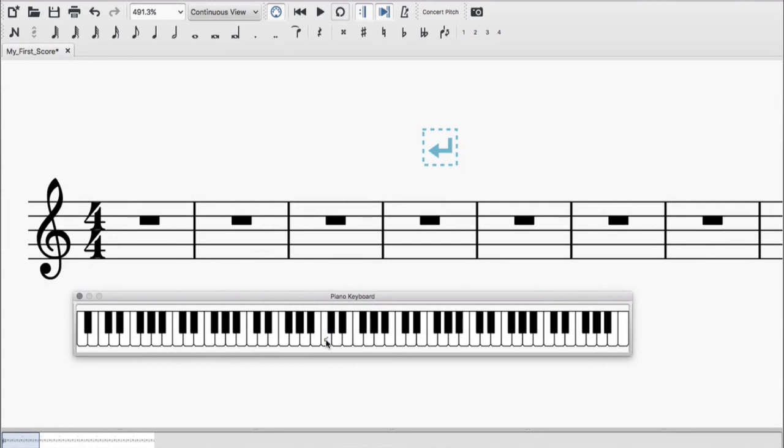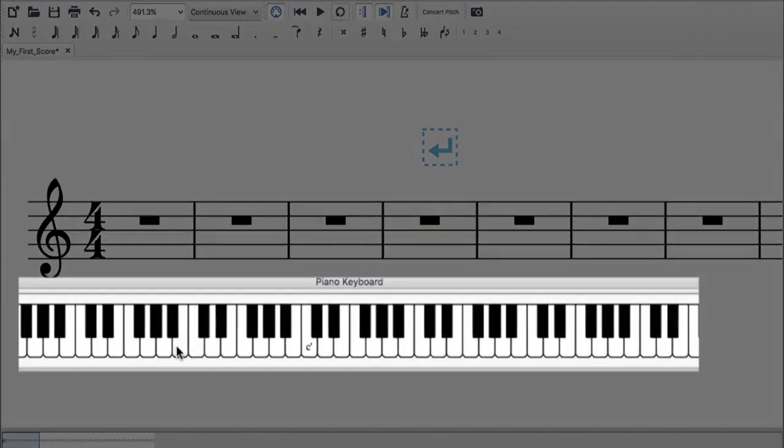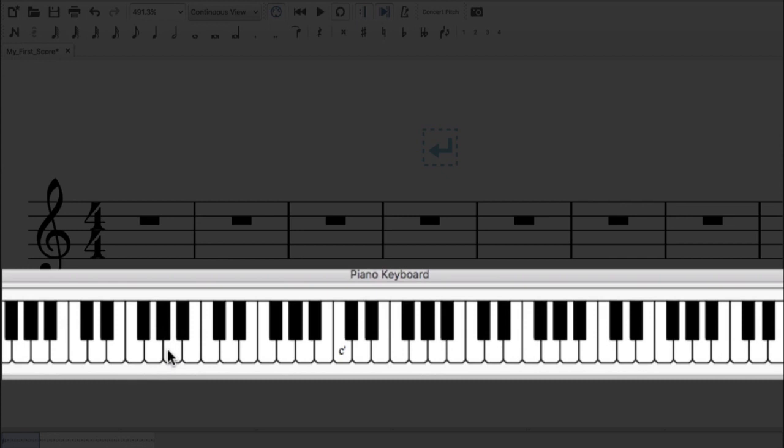Here's what we have. We know now that note names go from A up through G, and then they start over again. So this is where they are. We can see that the piano goes on and on for a long time. I'll walk you through how to find this in a second, but here is an A. And then I'm just going to count up to show you the A through G thing.